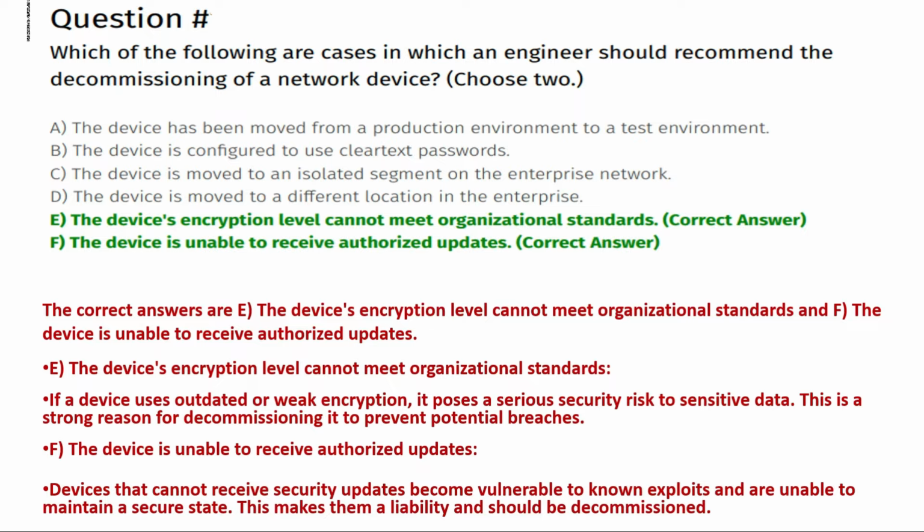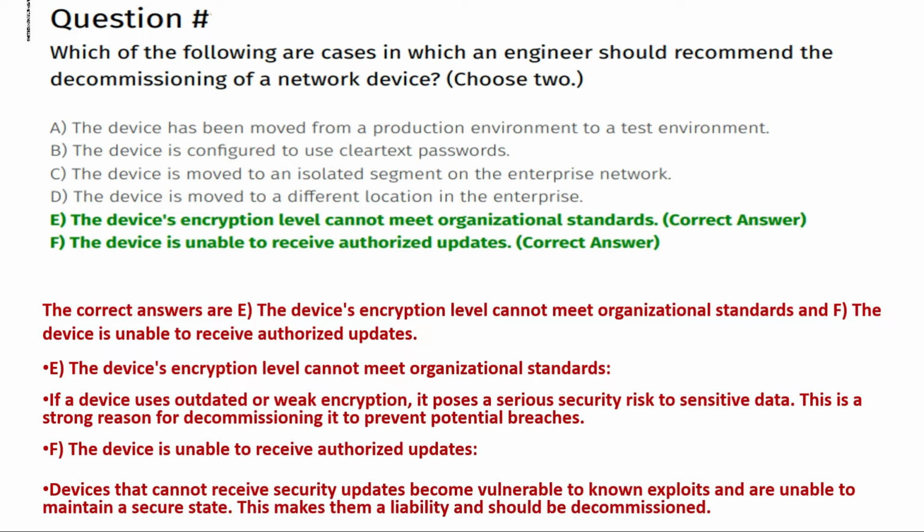Option C, the device is moved to an isolated segment on the enterprise network. Option D, the device is moved to a different location in the enterprise. Option E, the device's encryption level cannot meet organizational standard. And last option, the device is unable to receive authorized updates. So the correct answer for this question is option E and F.